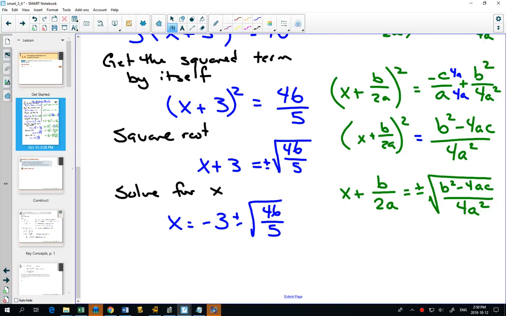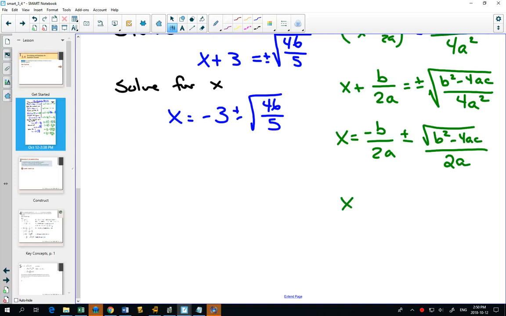So I need to move the b over 2a over. Plus or minus, I'm going to simplify this. Can you see on the bottom, if I keep the top the square root of b squared minus 4ac, what's the square root of 4? What's the square root of a squared? A. And since these have a common denominator, I could add these fractions, and this is the quadratic formula.